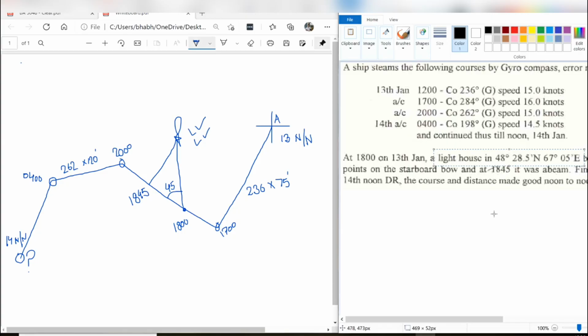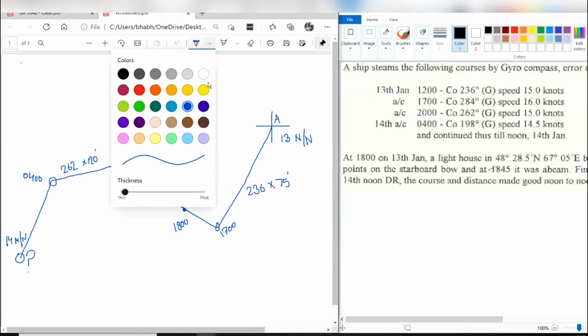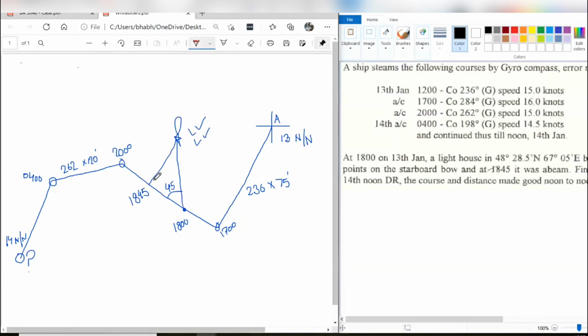It was a beam at 1845. So anything coming to anybody's mind? One angle is 90 degrees, one angle is known, 45 degrees, and the distance in between is also known. Very good, beta. So you are saying this angle is 90 and this angle also will be what? 45. Very good.